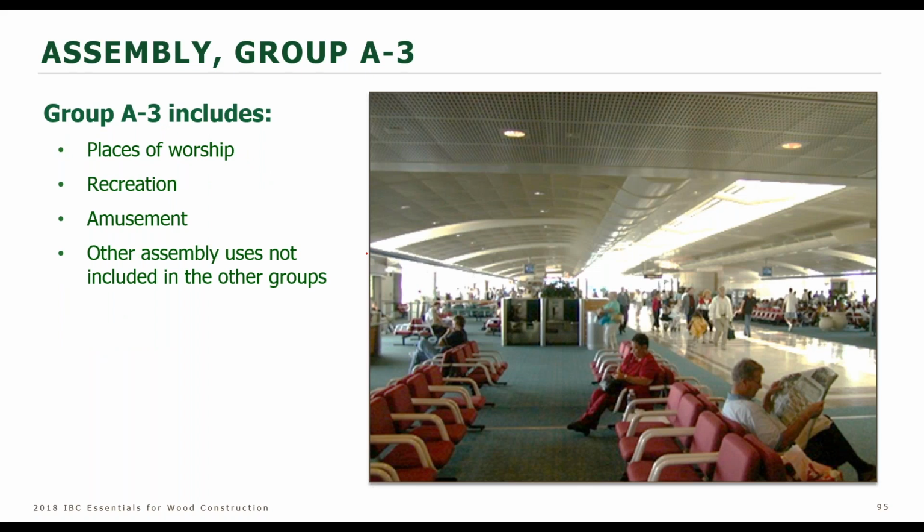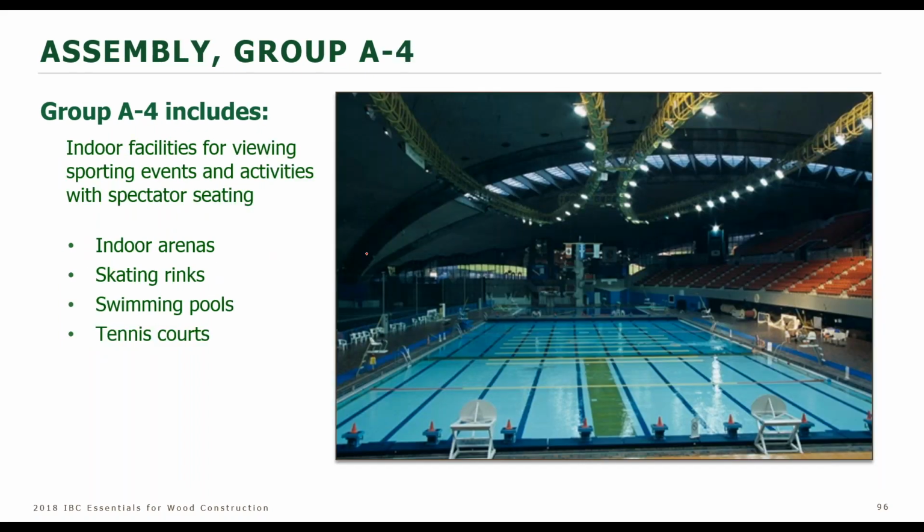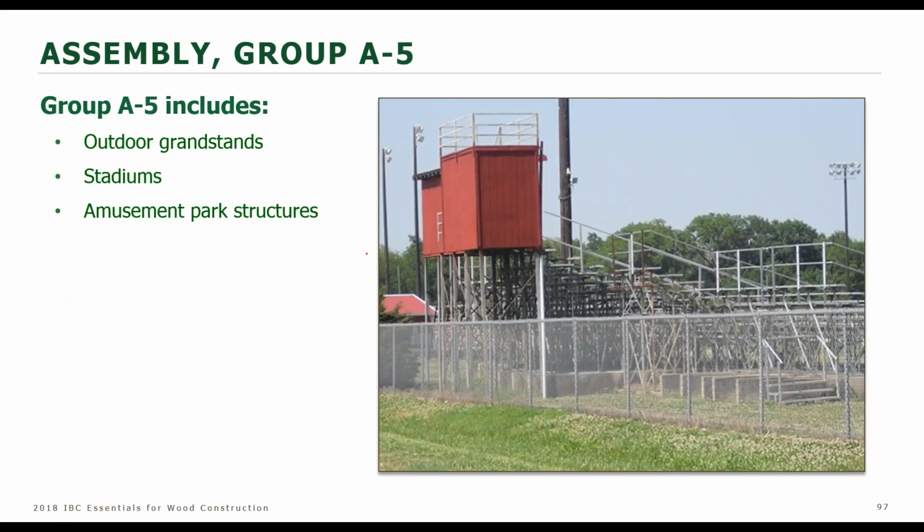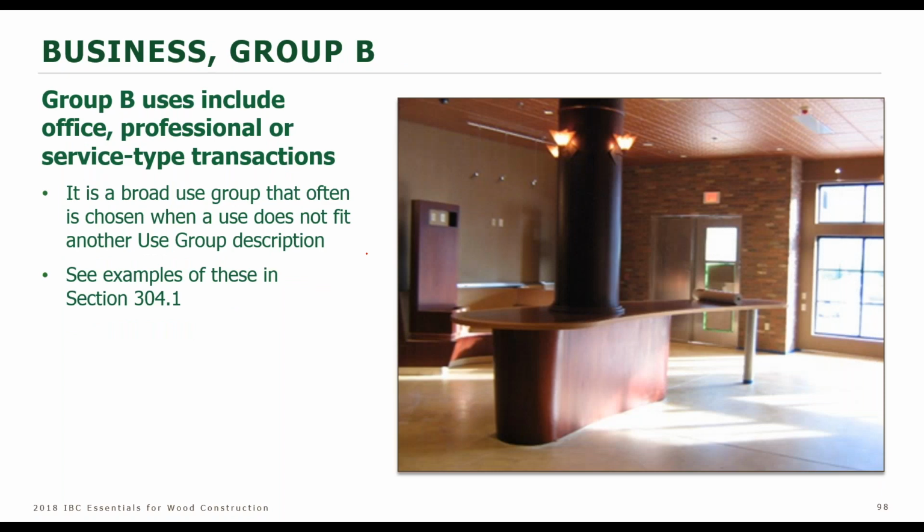A3 is a catch-all for only assemblies. Common ones are churches, places of worship. A4, indoor sporting facilities. A5, outdoor. B is a catch-all for whatever doesn't fit in any other use group, usually if it has anything at all to do with business. And by the way, chapter 3 lists examples of each of these use groups.